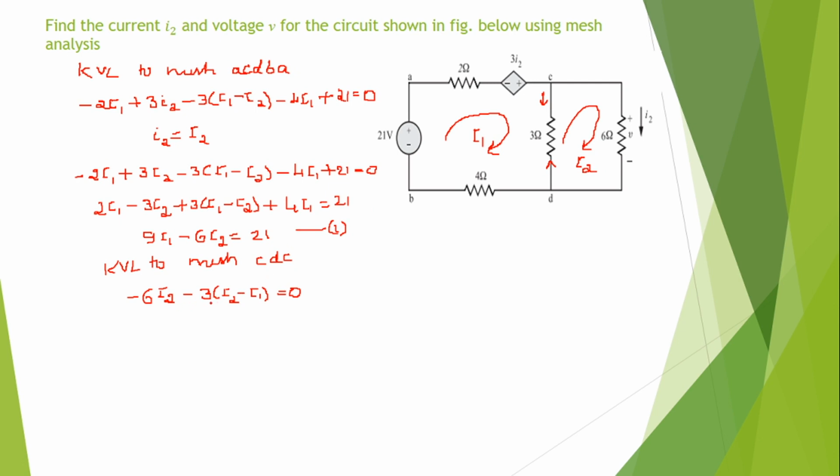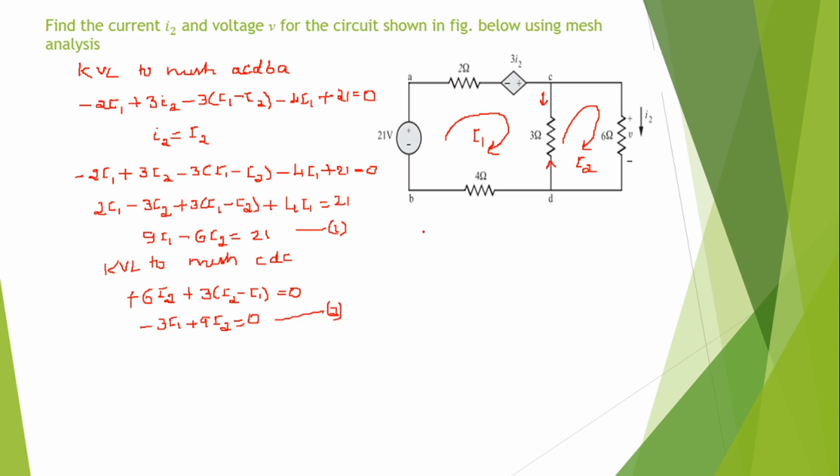In the expression both are voltage drops, so multiplying with the minus sign, I get minus 3I1 plus 9I2 equal to 0. This is equation 2.